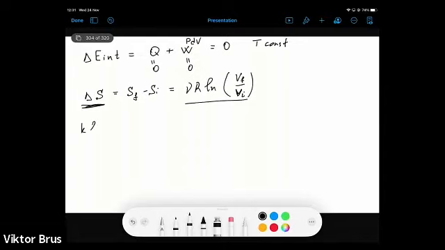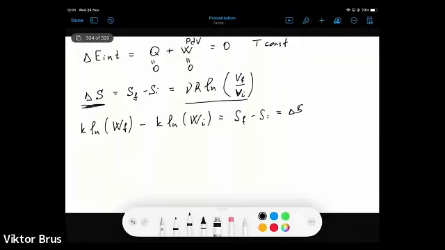K times natural logarithm W final minus K natural logarithm W initial is equal to S final minus S initial, equal to delta S, which is the change of entropy.